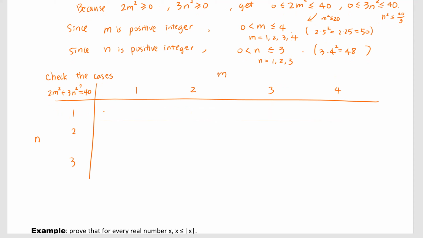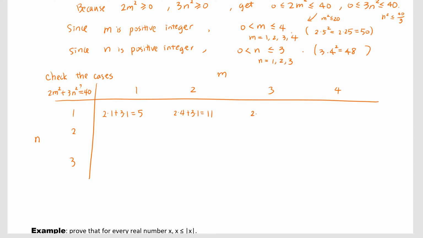Now let's see. 2m squared: 2 times 1 squared is 1, plus 3 times 1 squared is 1, equals 2 plus 3, that's 5, not 40. Next, 2 times 2 squared is 4, 2 times 4 is 8, 8 plus 3 is 11.